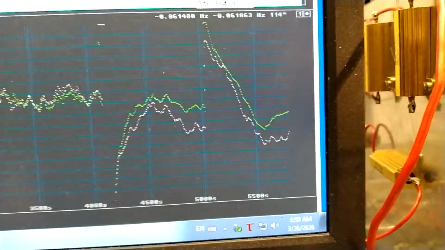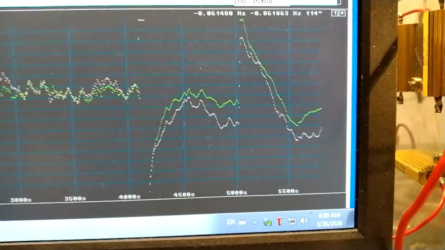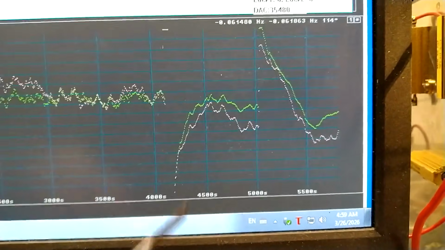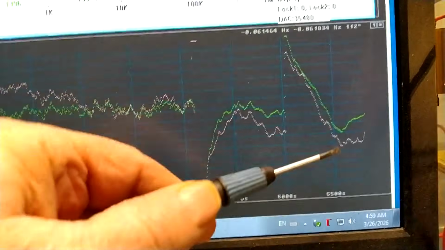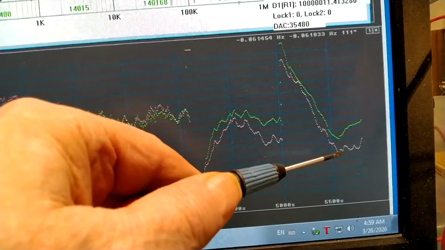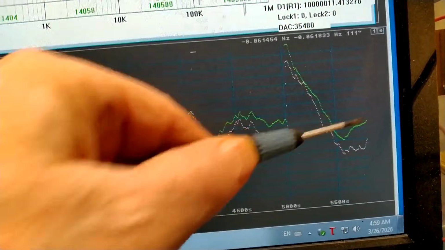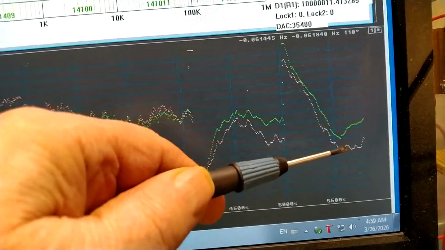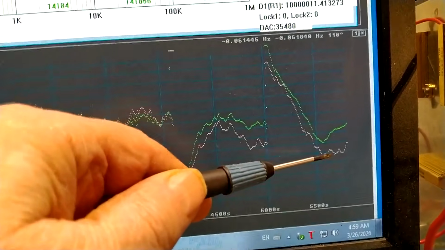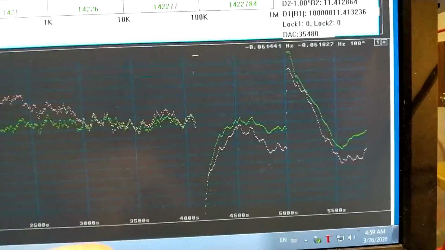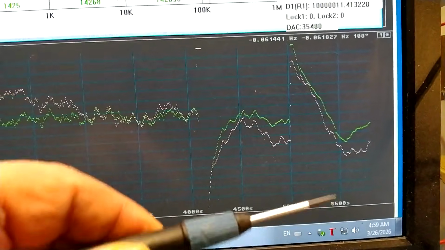Now the time constant is another factor of 10 slower, and the green trace is much calmer, while the red is clearly much more noisy than the green. And I knew that my channel 2 oscillator is much more noisy, very close to the carrier.